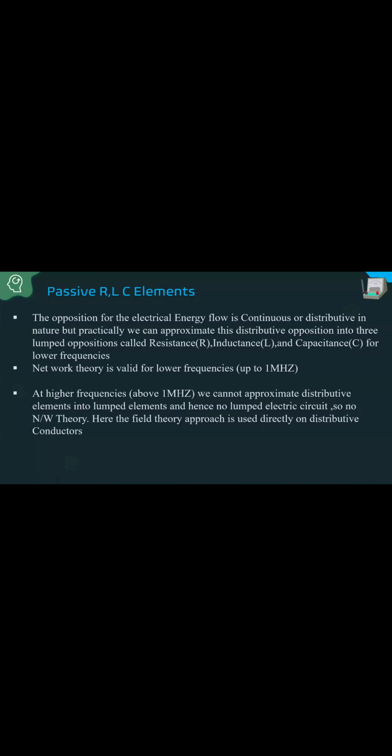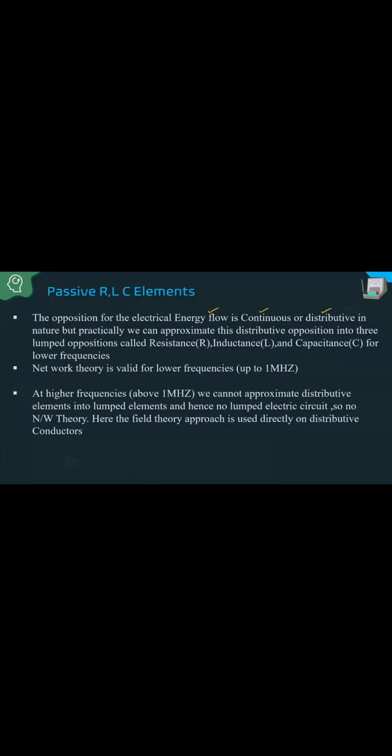Students, we know that if the current is flowing through the conductor, there is an opposition for the flow of electrical energy. The opposition for the electrical energy may be continuous or distributive in nature.